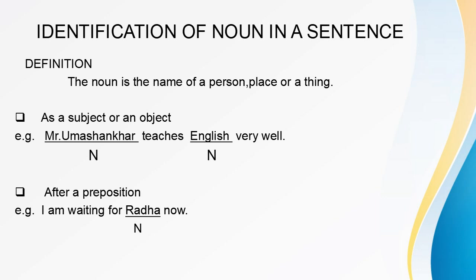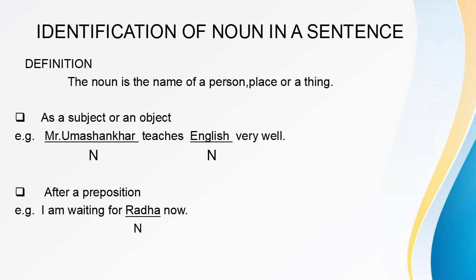Before a noun or a pronoun. So, if you see anything before a noun or a pronoun, it can be a preposition. So, usually after a preposition, what comes? There is a chance of a noun or a pronoun.